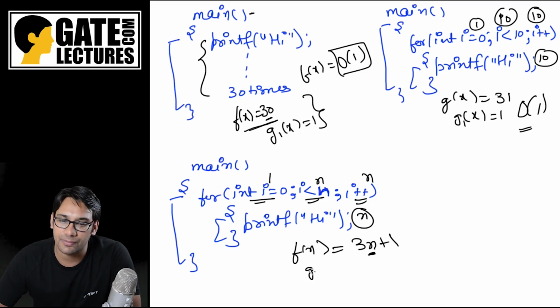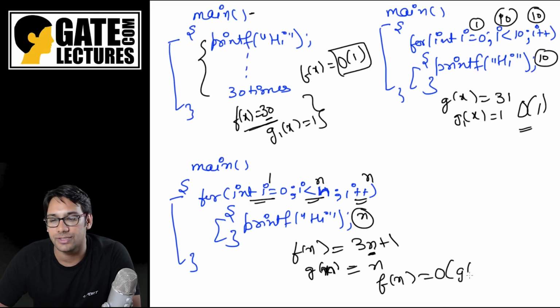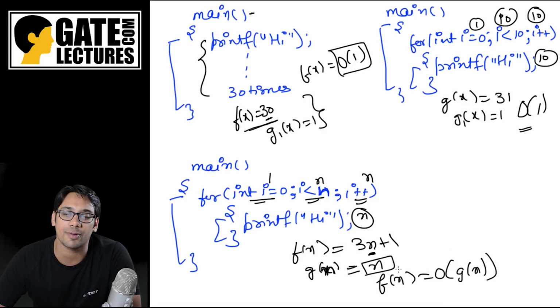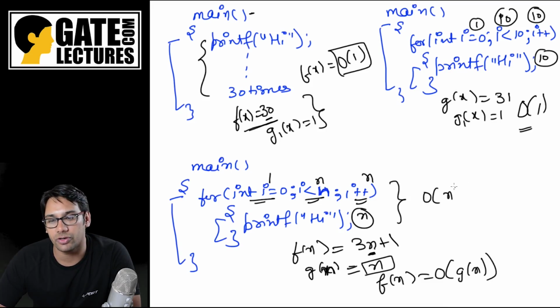So if I take, let us suppose, g(n) as n, then I can easily prove that f(n) is order of g(n). And this is the tightest upper bound. As I have already told you, this n is the tightest upper bound for this program. Therefore, the number of statements which will be executed will be order of n.